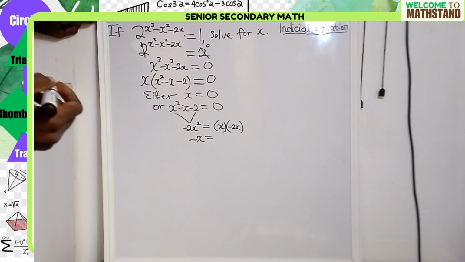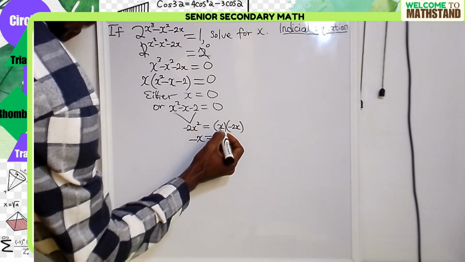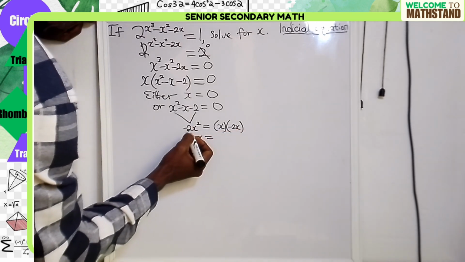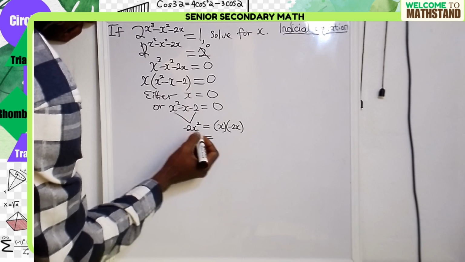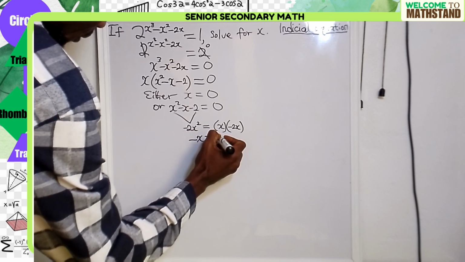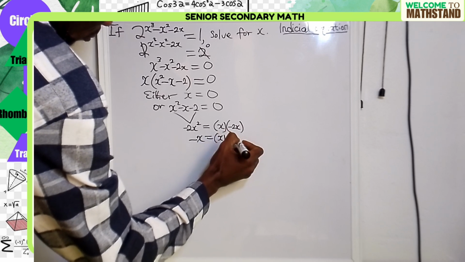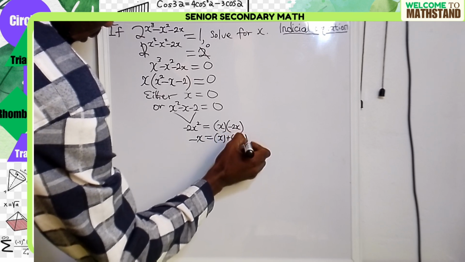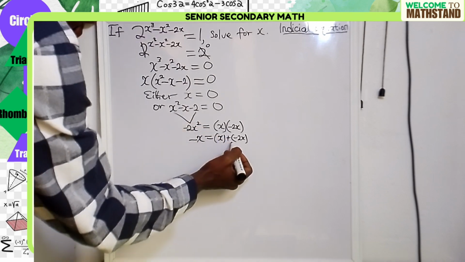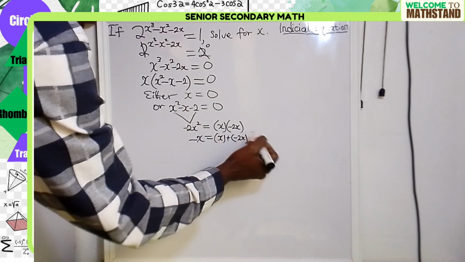If you multiply x times minus 2x, we'll have minus 2x squared. Then if you add x plus minus 2x, that will give us what? Minus x.